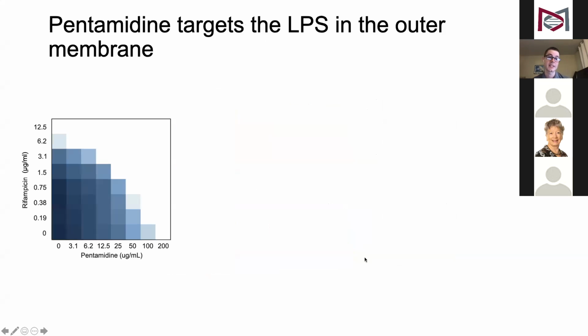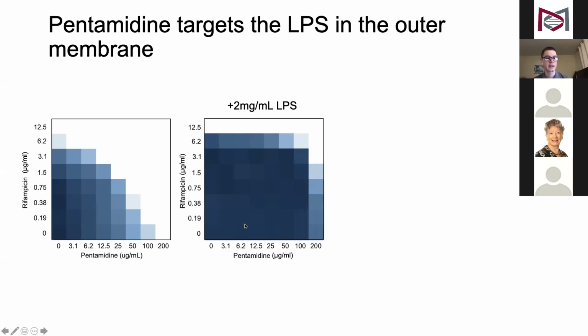This led us to believe that pentamidine was directly targeting the outer membrane, particularly the LPS component of the outer membrane. So we hypothesized that if we typically get the nice synergistic reaction between pentamidine and rifampicin, if pentamidine is in fact binding LPS, we could add exogenous excess LPS to this assay, which should mop up all the pentamidine and alleviate this synergistic interaction.